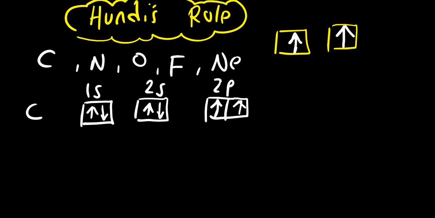If you're going to show nitrogen, how are you going to show it? How many electrons does nitrogen have? 7. So how are we going to represent it? Let's say these are our orbitals.